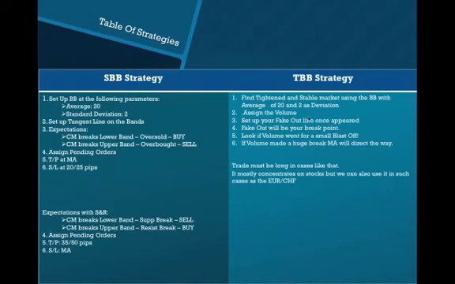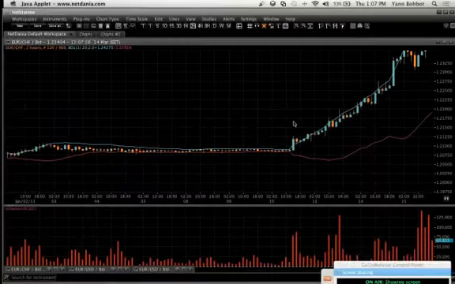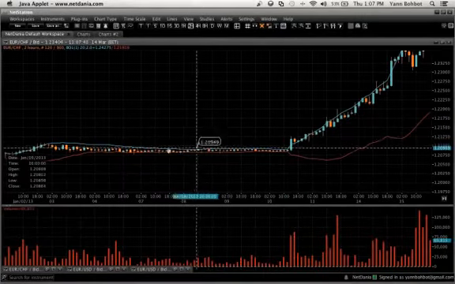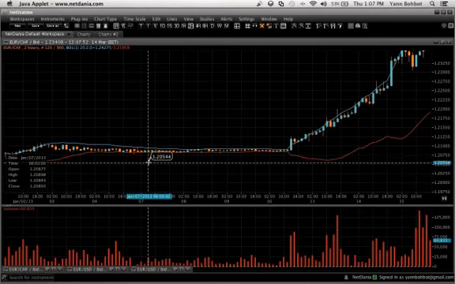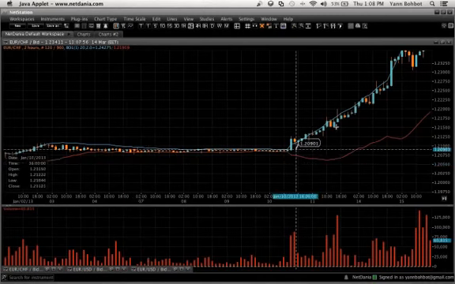Set up our fake out line once it appears. What's a fake out line? We learned in Bollinger bands that when the two Bollinger bands are very tight together, especially on a stable market, there will be a fake out, meaning that we're expecting the market to be very strong, like this one.